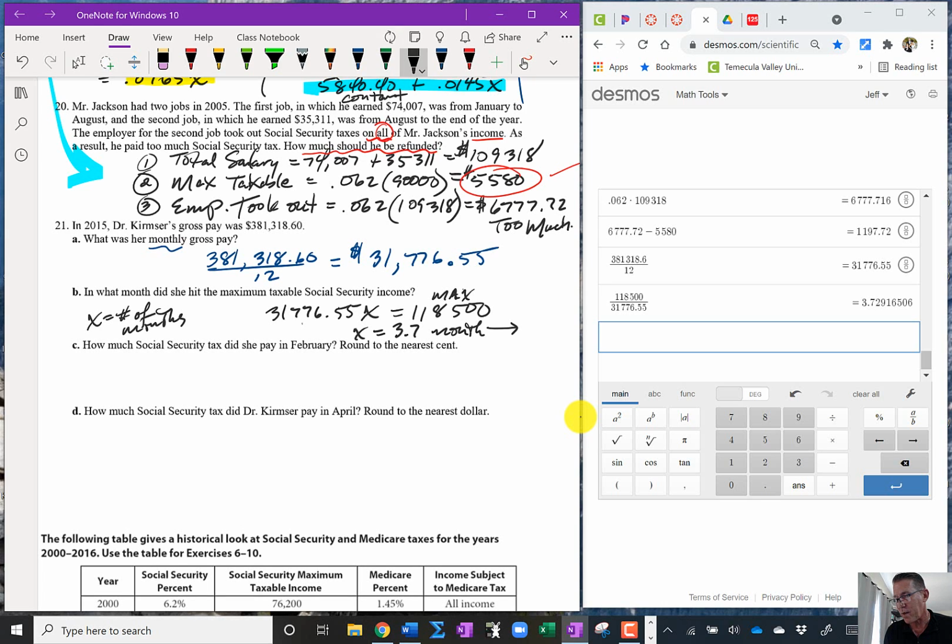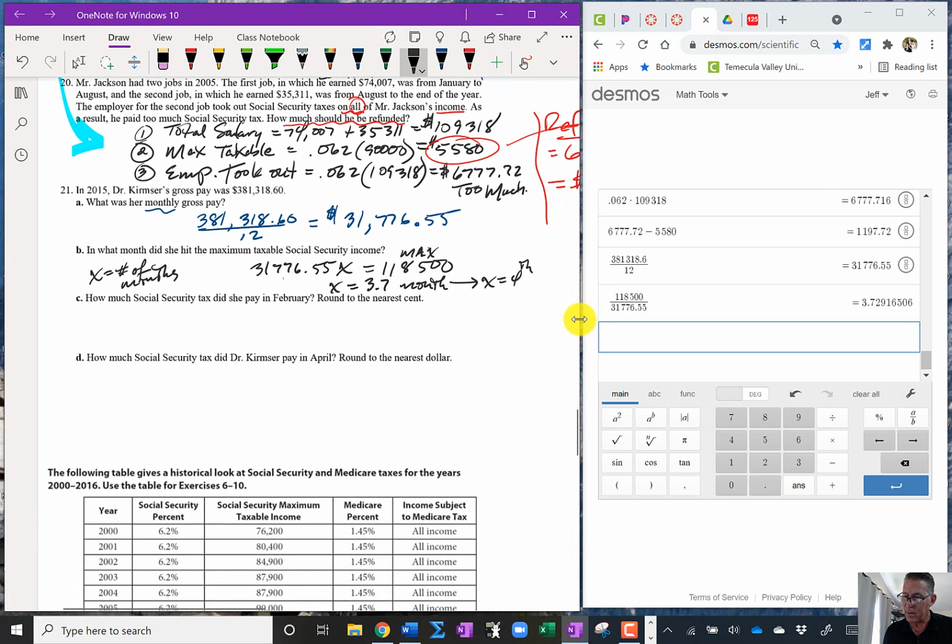It's the same thing. So in February, it's 6.2% of the monthly, which is $31,776.55. So it's 0.062 times this number.